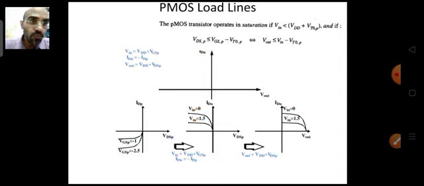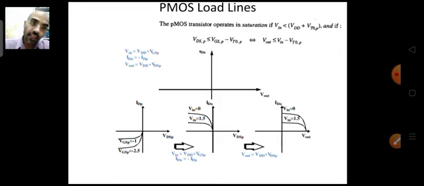Now VDSP is drain to source. In case of PMOS, the source is the most positive one. So if your drain is at a lower voltage, then Vout will take lower values. When VDSP is at its maximum negative value, which can reach up to minus VDD, then VDD minus VDD, so Vout will become 0.